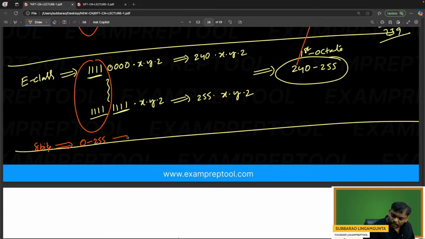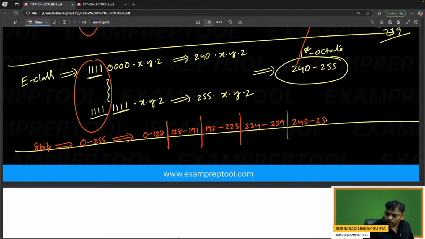This will be divided into 5 parts. 0 to 127, 1 part. 128 to 191, 1 part. 192 to 223, another part. 224 to 239, another part. 240 to 255, another part. This is class A, class B, class C, class D, class E.